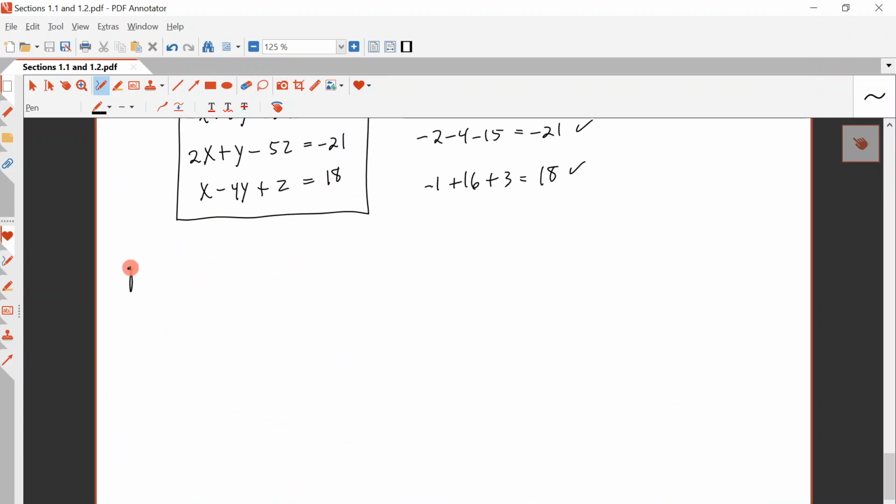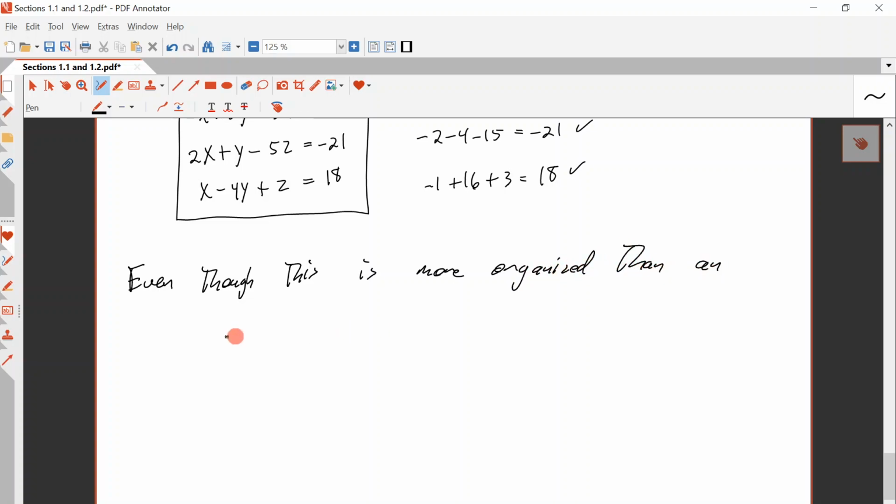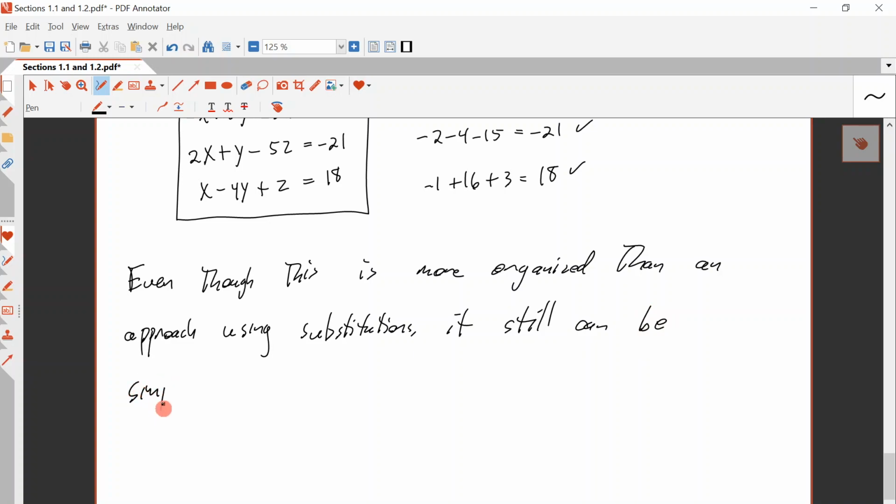Even though this is more organized than an approach using substitutions, it can still be simplified a little more.